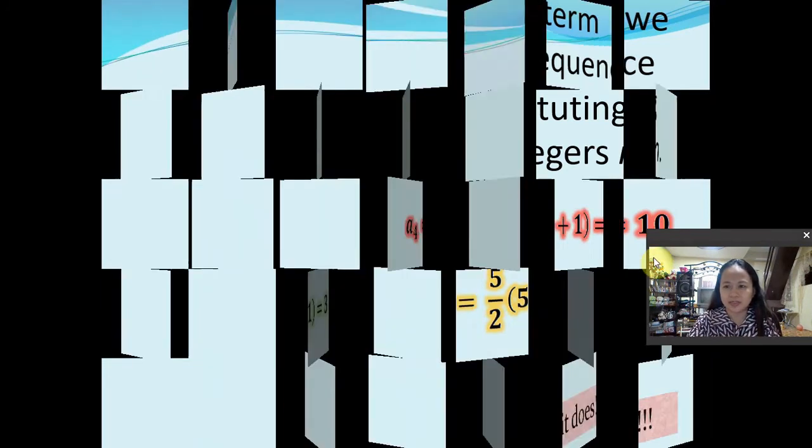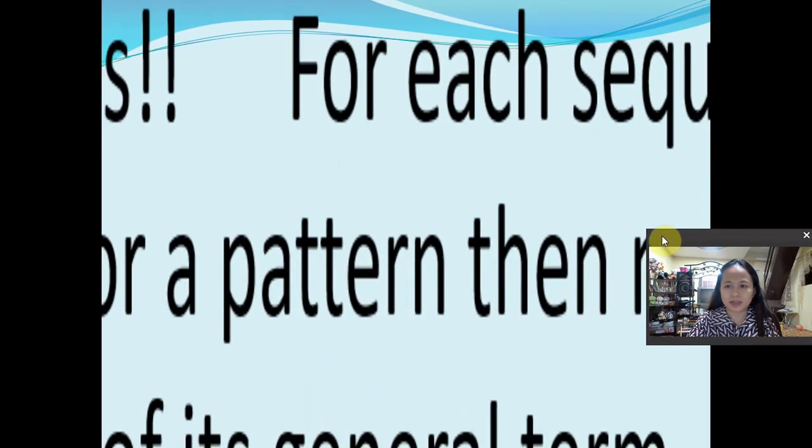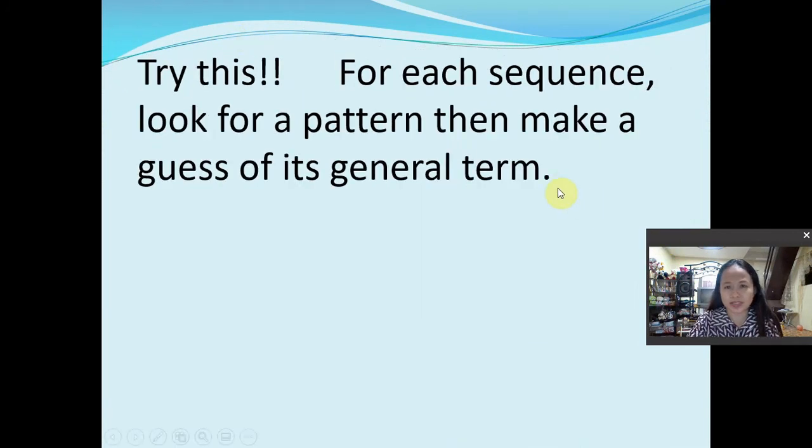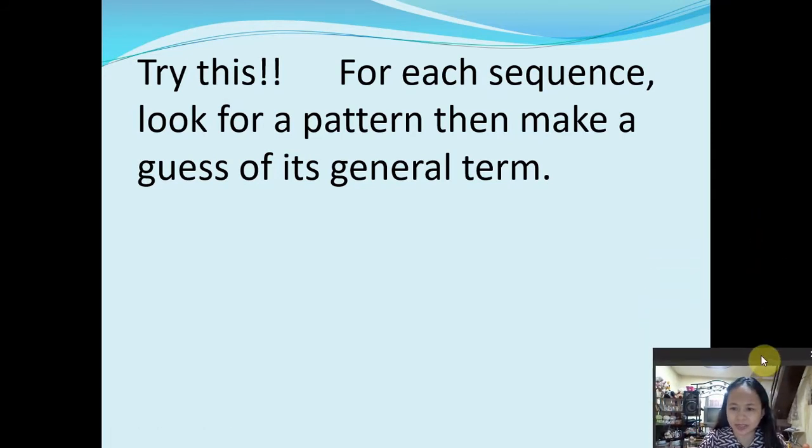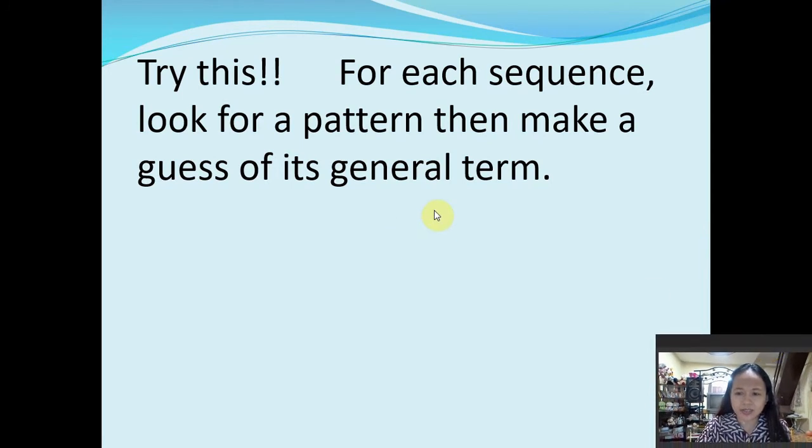Okay, so next we have this one. Try this. For each sequence, look for a pattern, then make a guess of its general term. So try to look for a certain pattern so that we can guess the general term or the nth term of our sequences.